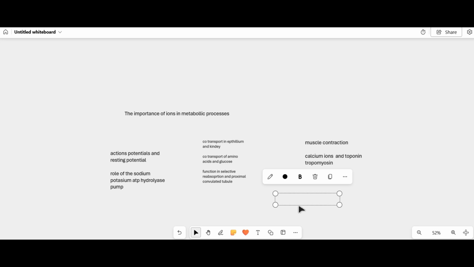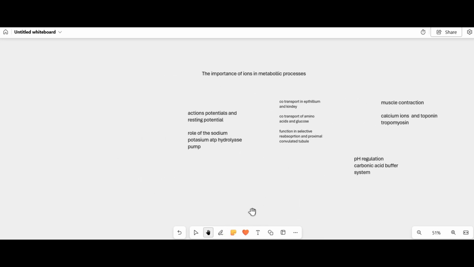Another thing I can talk about is pH regulation, so homeostasis and that. pH regulation to make sure that the blood pH is the same and that kind of thing. I can also put a little bit of extra things in there as well, like talk about the carbonic acid buffer system. Obviously, pH is based on hydrogen concentration. So I can talk about how hydrogen concentration is regulated in the blood.